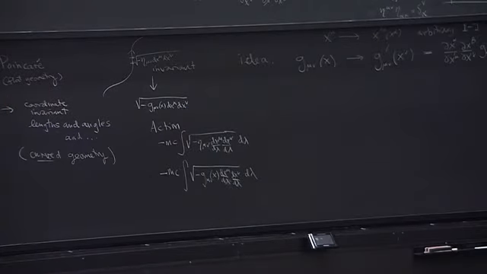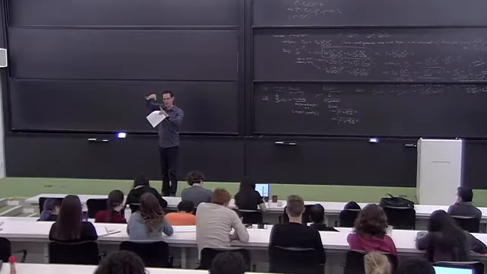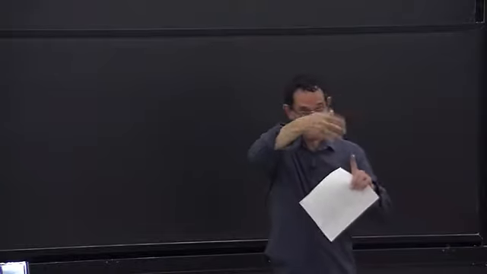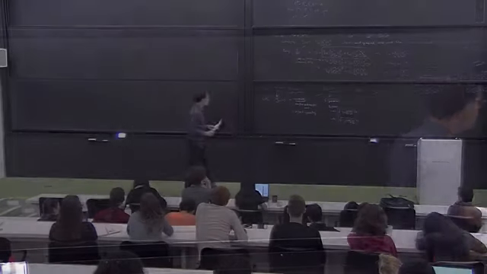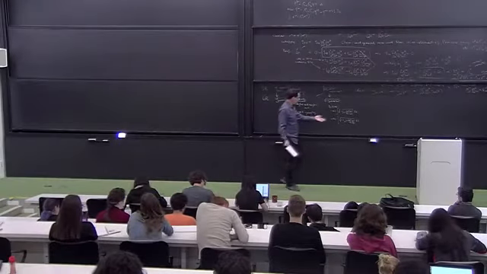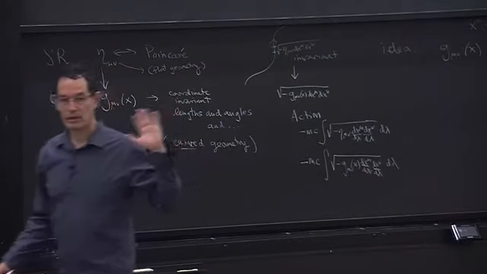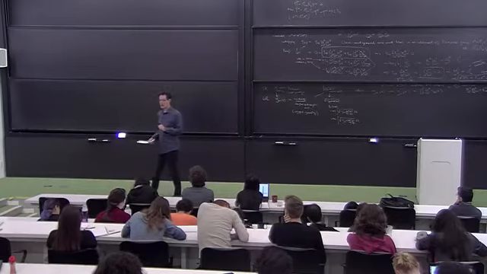Okay, and that was Einstein's insight. If the action determining the motion of particles is just the length of their world line, then to determine how particles fall in space and time, I need to know the length of the world line. And if I know the metric, then that determines the motion of particles.